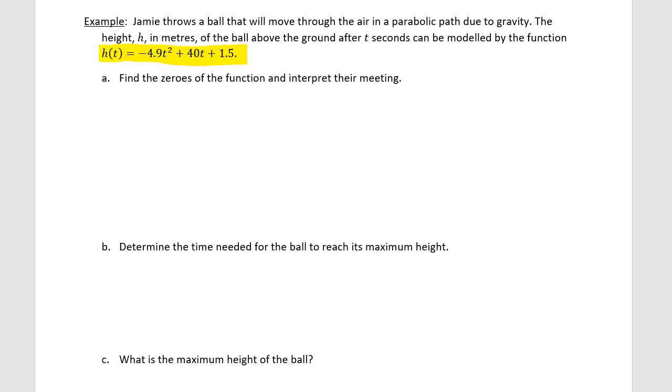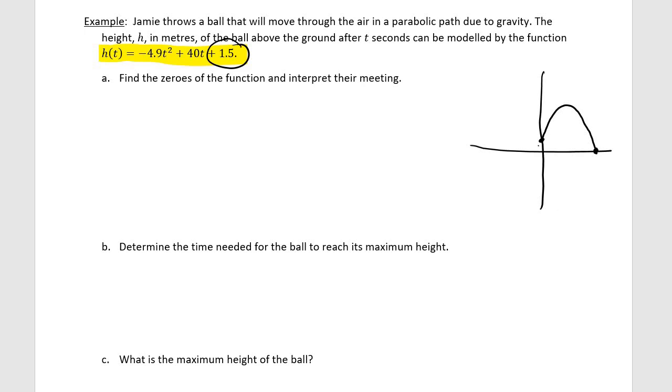So let's make a little sketch. Always good to make a little sketch. My c value is a positive number, which means the ball is going to be starting above the ground. Then it's thrown, and it lands somewhere over here.